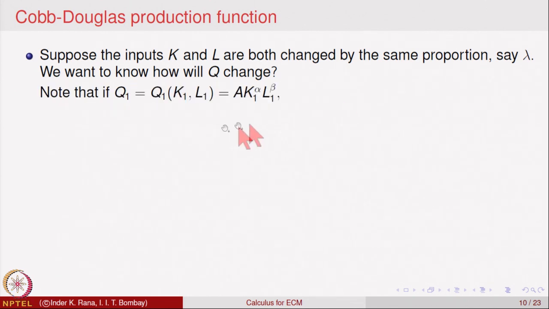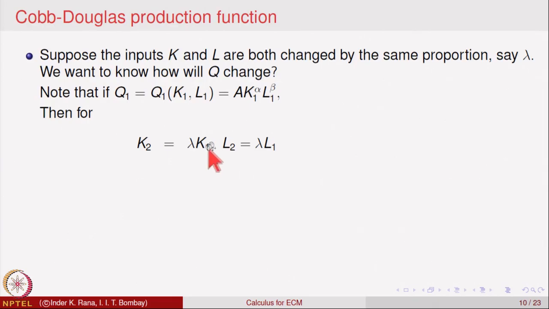So, let us observe. The new Q, say Q1, will be Q of K1, L1. If the changed K is K2 and the changed L is L2, what will K2 be? We know that it is changing proportionately. So, K2 is lambda K1 and L2 is lambda L1. Proportionately, K2 by K1 is lambda and L2 by L1 is lambda.